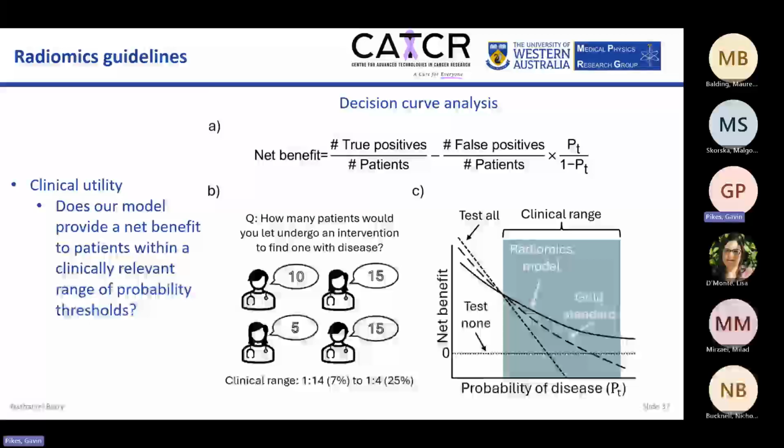Decision curve analysis to identify whether a model is clinically useful, and this involves actually going and doing clinical engagement and understanding what a useful clinical range for your model might be, and if that actually provides net benefit to patients or not. And if it's not providing net benefit, it doesn't matter if it's discriminative or has good calibration, it's just not going to be useful in the clinic.